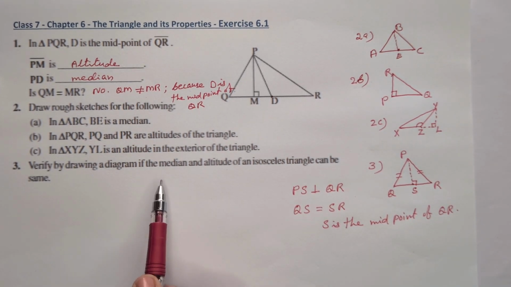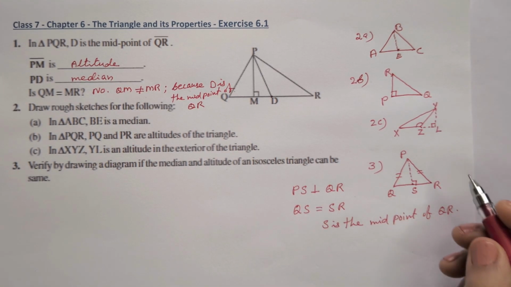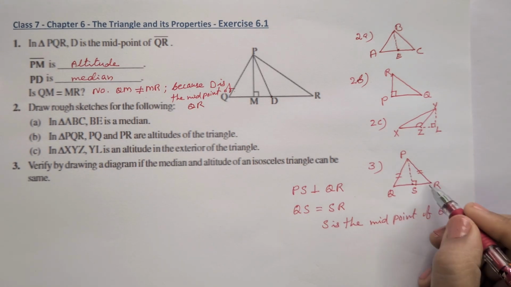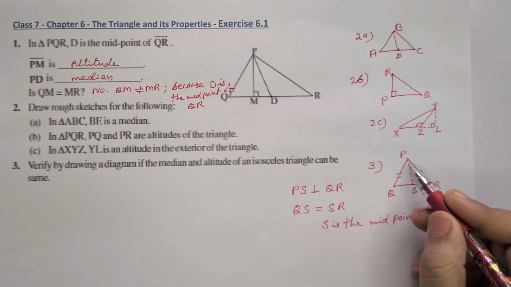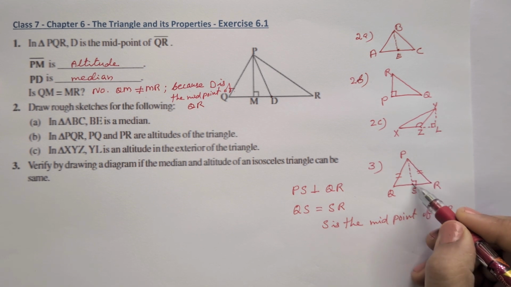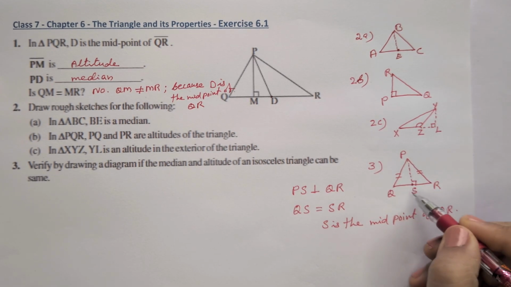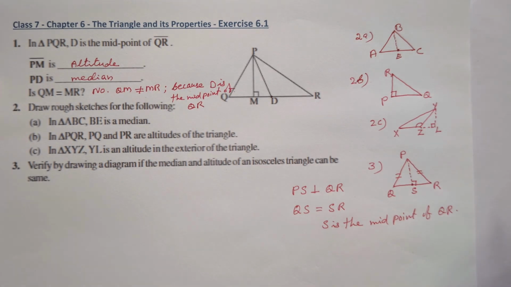So by drawing a diagram, the median and altitude of an isosceles triangle can be the same. Isosceles means two sides are equal. In triangle PQR, PQ is equal to PR, and the perpendicular to the opposite side, to the midpoint, is PS. S is the midpoint, so QS is equal to SR, and PS is the median.